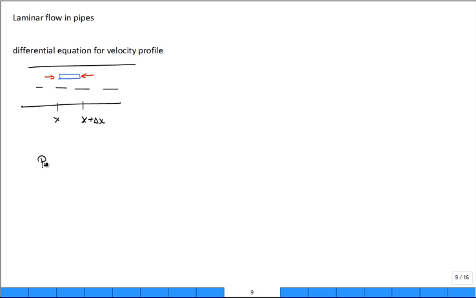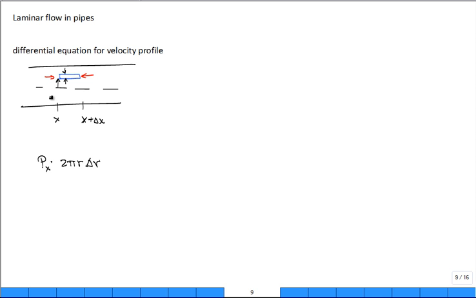So we have the pressure at x times that area. Now try and envision it. It's a ring going around. So it's 2 pi r dr, or delta r. So it's at the location r and delta r. Does that make sense?